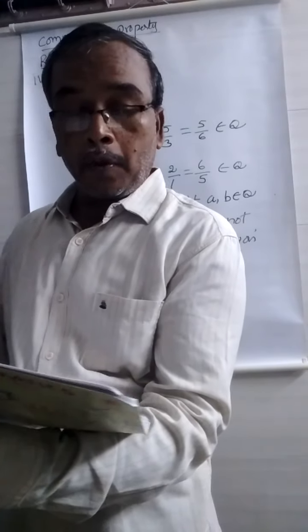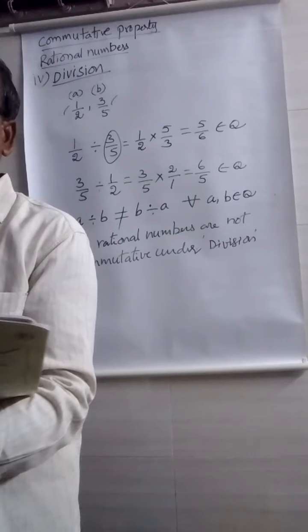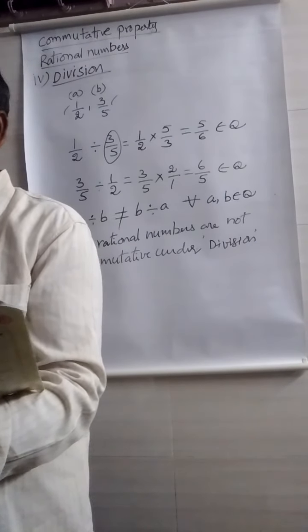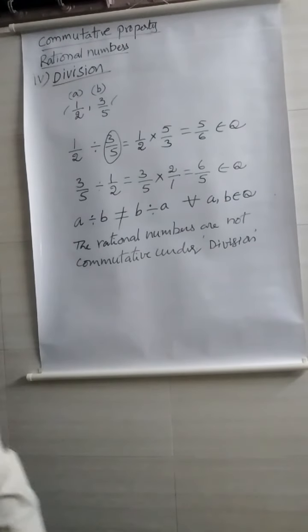So you may read once again pages 6, 7 and 9, complete the tables and post them in my WhatsApp group. I will correct and check them. Okay, thank you.